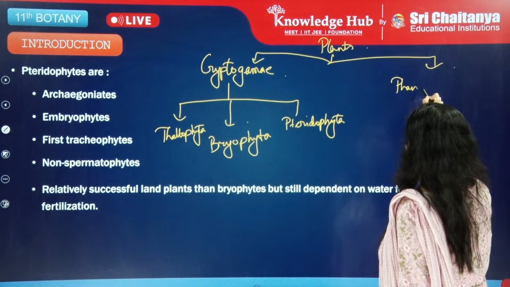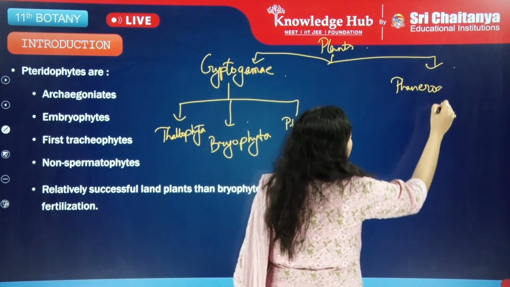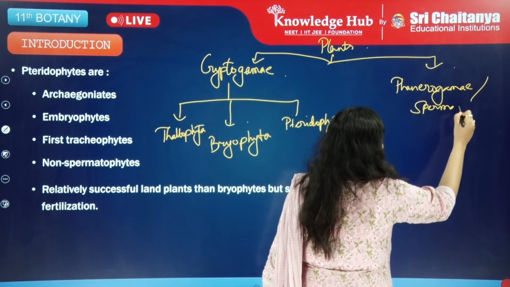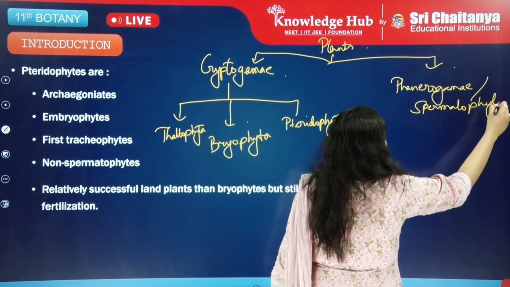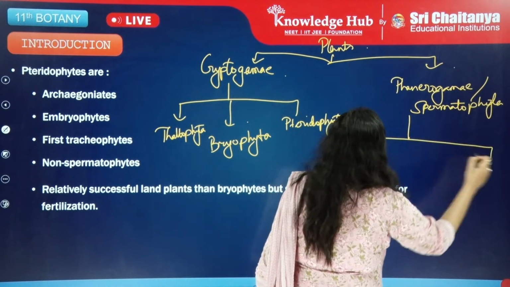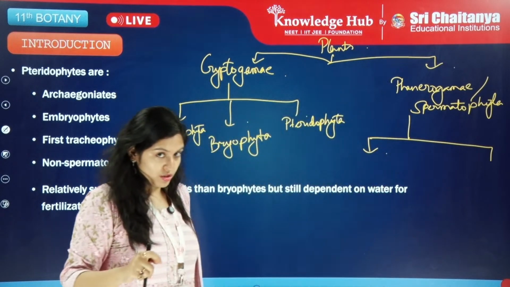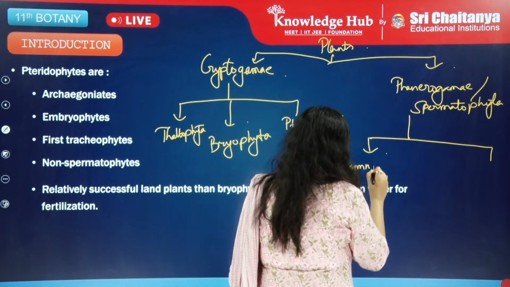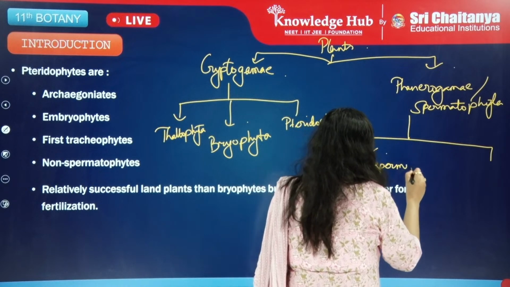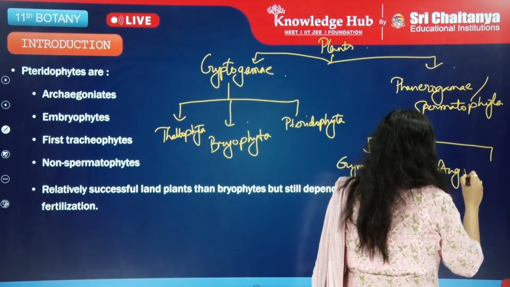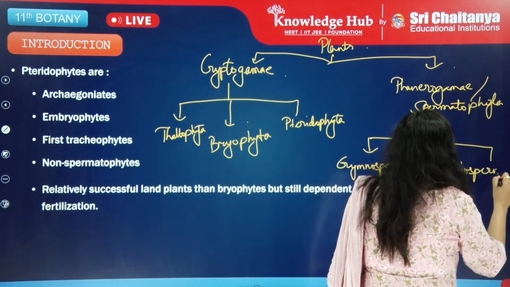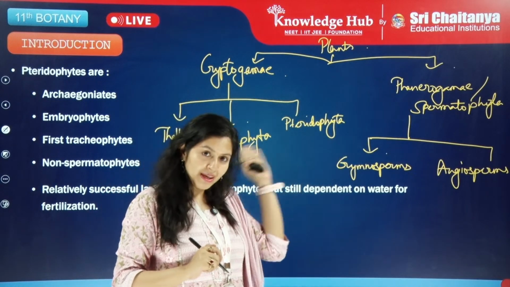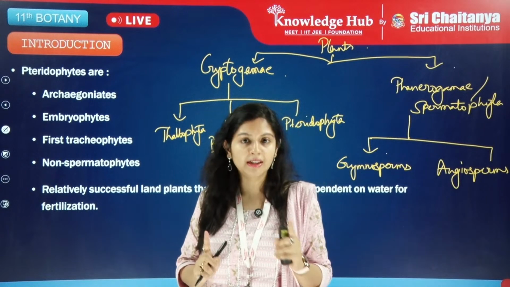Phanerogamy is also called spermatophyta, and it is classified into two subdivisions: gymnosperms and angiosperms. So these two groups are considered under spermatophyta, whereas the remaining three groups are not.